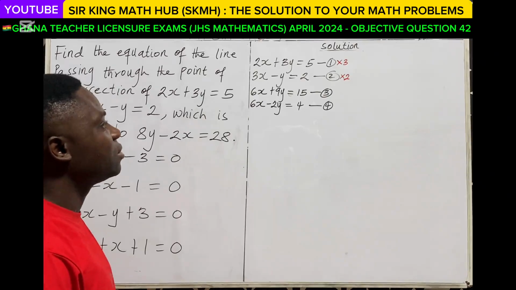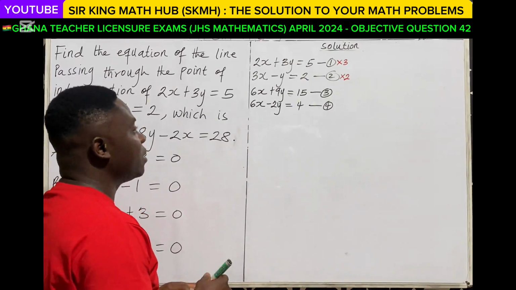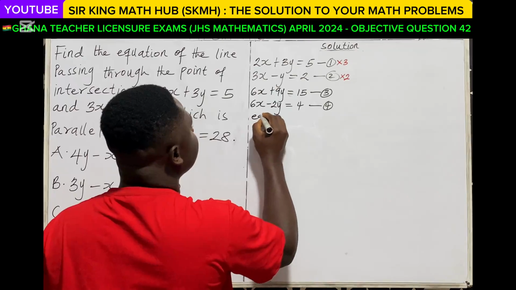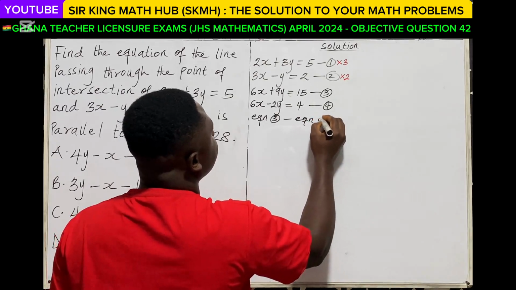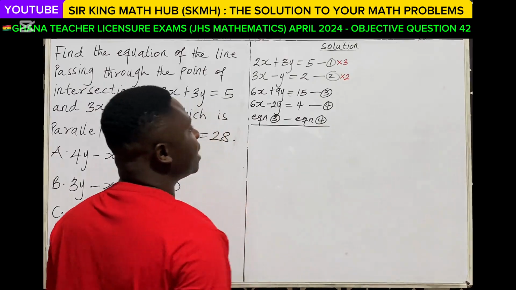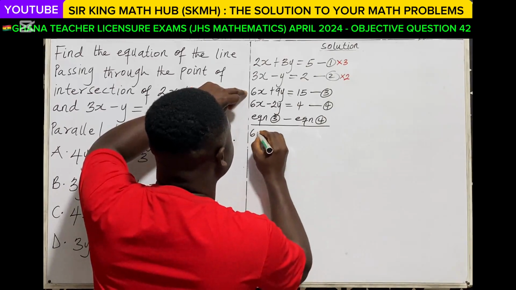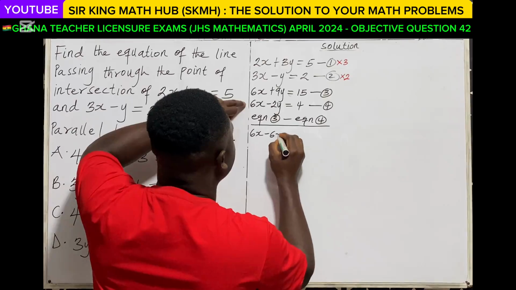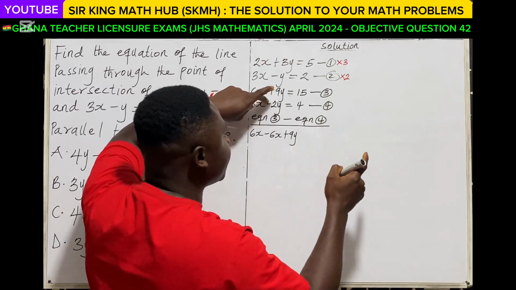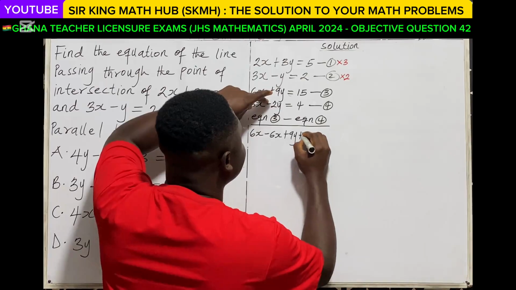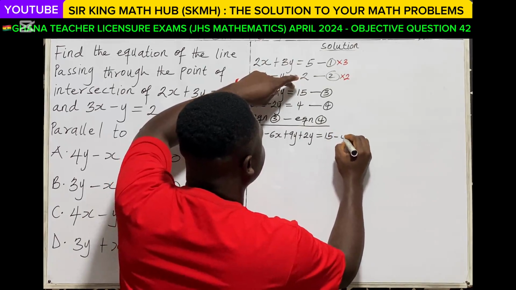You see that we can now eliminate the variable x because they have the same coefficient. So I want us to use this rule: equation 3 minus equation 4. So that when we subtract the two, we can easily eliminate x. So starting with equation 3, we have 6x minus 6x plus 9y minus minus 2y, so it becomes plus 2y, and then we have 15 minus 4.